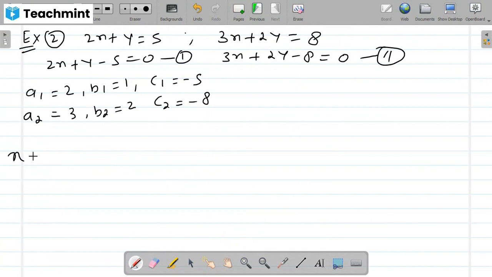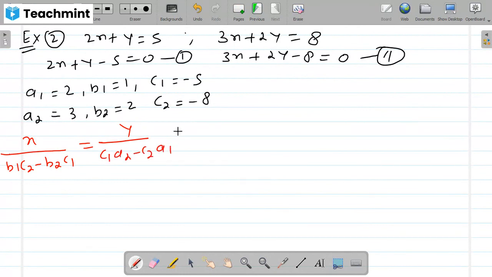Since we want to find the value of x, we know that the formula for finding the value of x is b1 c2 minus b2 c1 equal y by c1 a2 minus c2 a1 equal 1 by a1 b2 minus a2 b1.